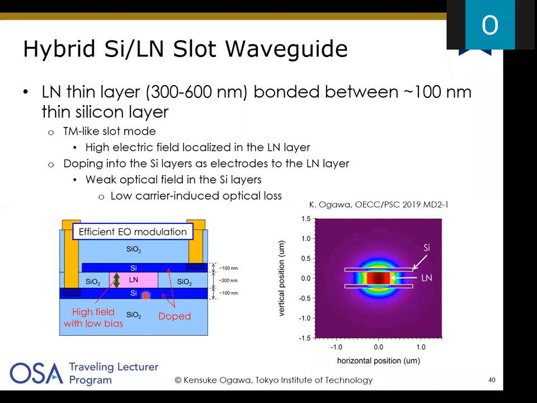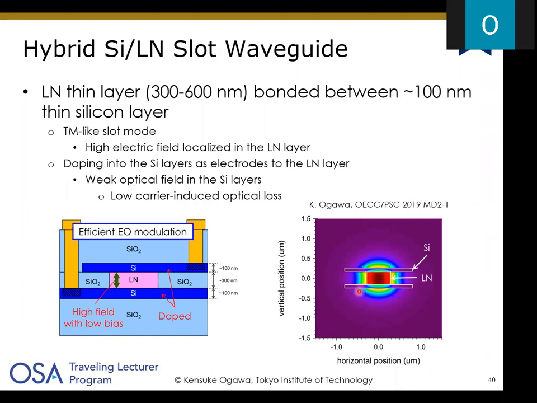Even though the index of the silicon is higher than lithium niobate, because of Gauss's law the high intensity of the light field is confined in this middle lithium niobate layer, which has a lower index than silicon: the slot mode.